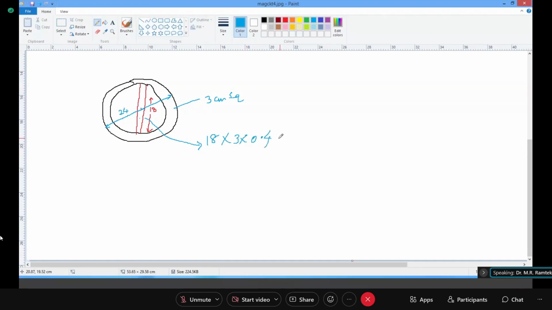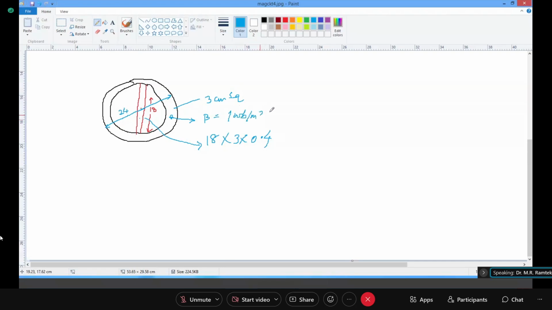So it's fitted. I want to produce flux density B in this portion equal to 1 Weber per meter square.